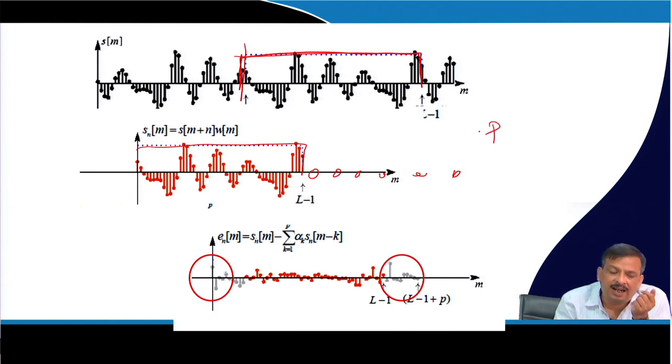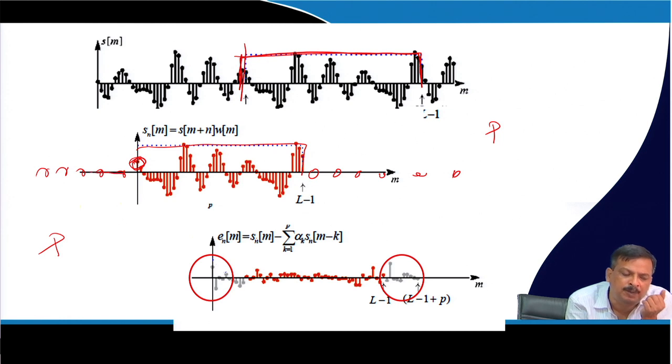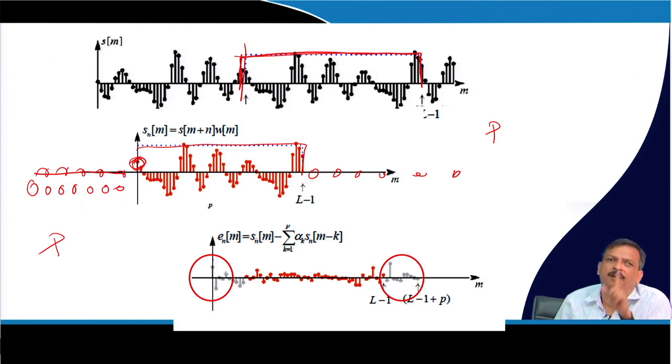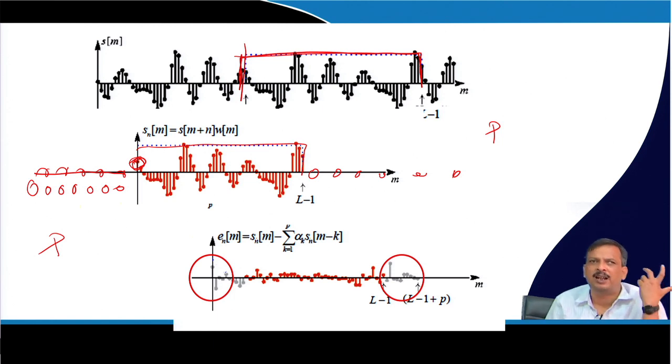That means the current sample can be predicted from the p previous samples. All the previous samples are 0. So, the first sample can be predicted from p samples whose values are 0.